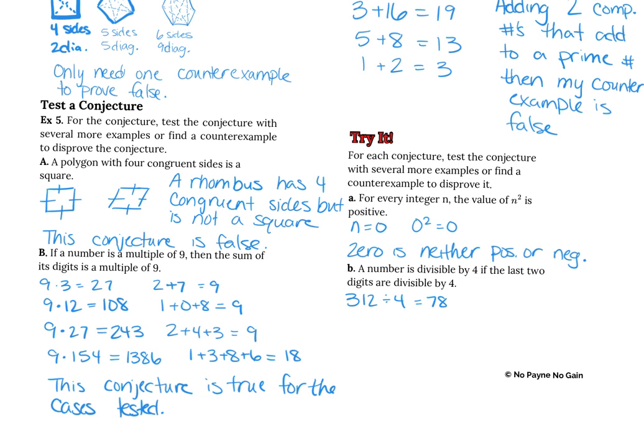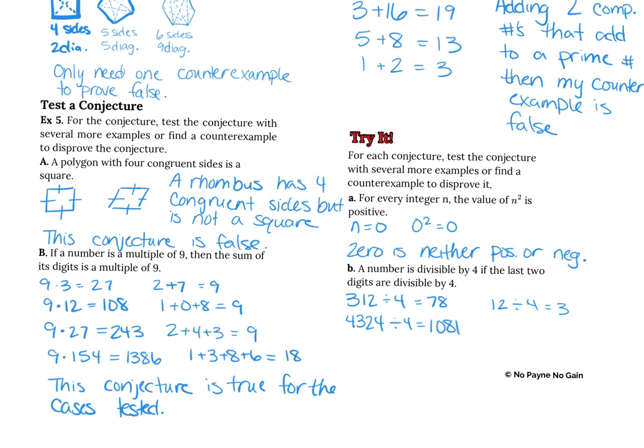It is evenly divisible by 4. I get a whole number when I divide it by 4. And then if I take my last 2 numbers, so 12, divide that by 4, it is evenly divisible. Try another. Divide that by 4. I would get a whole number. So it appears to be divisible by 4.